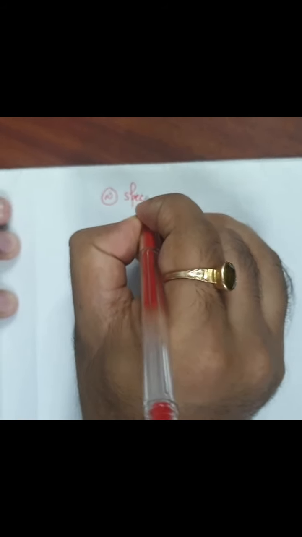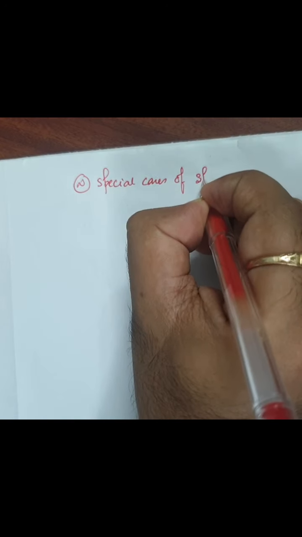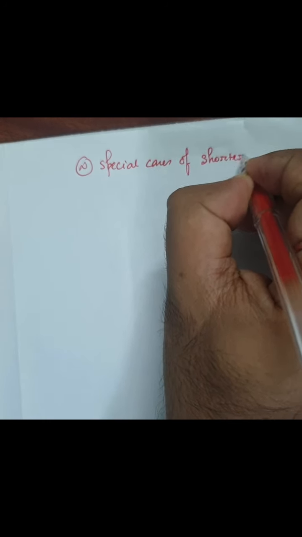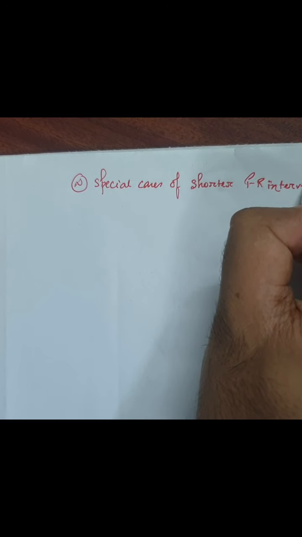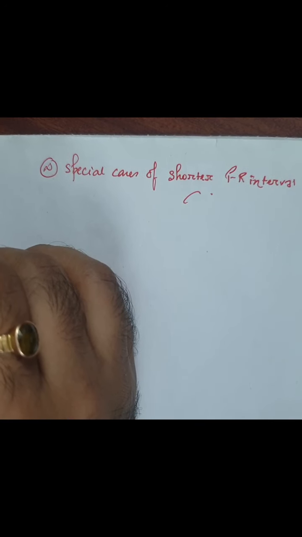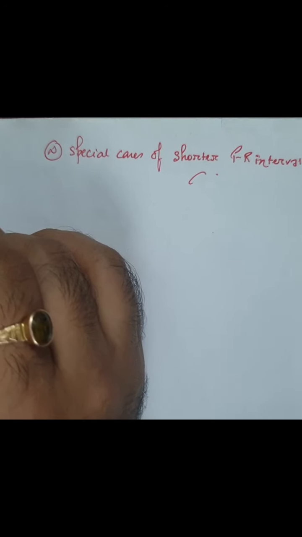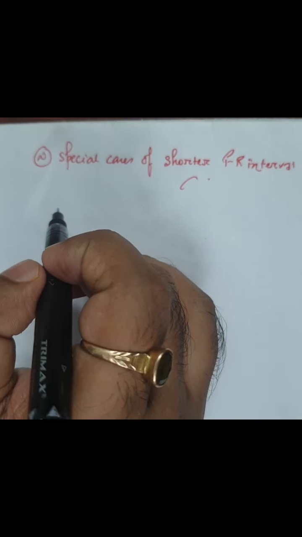So the last category is some special cases of shorter PR interval. Till now, the first category of longer PR interval contains first degree heart block, second degree heart block, and third degree heart block.